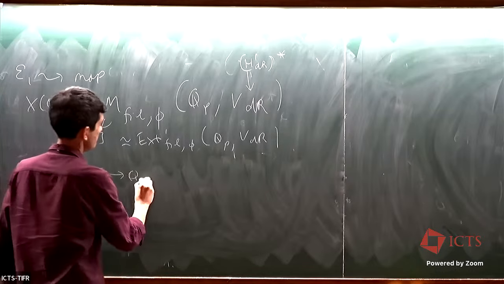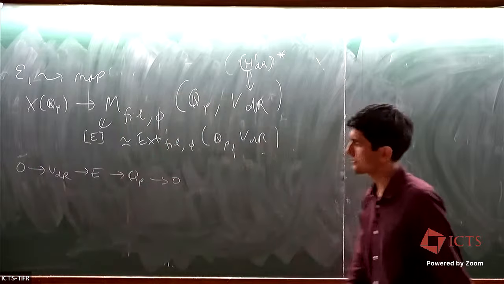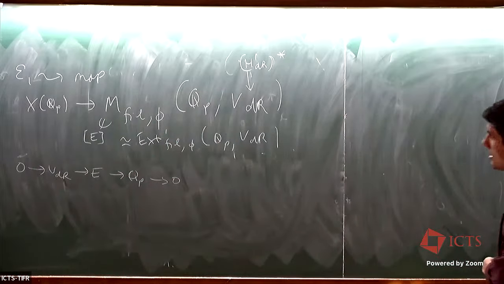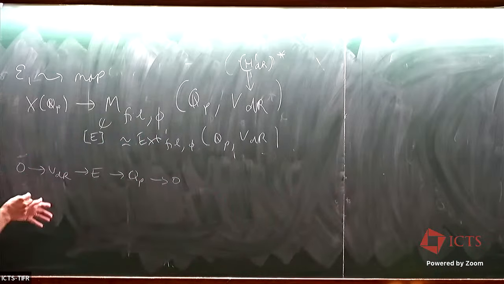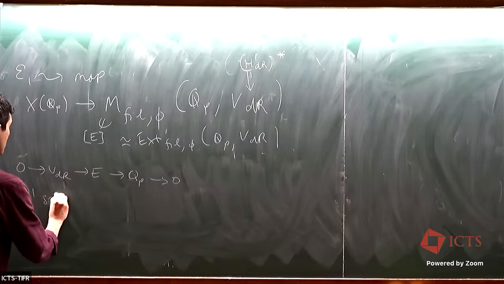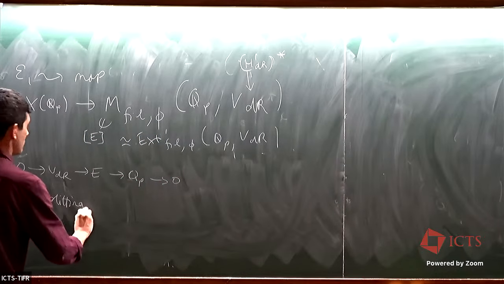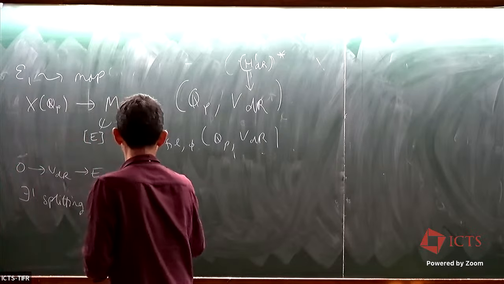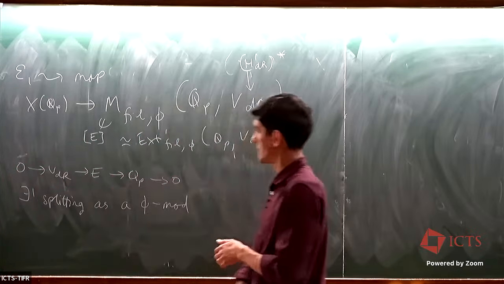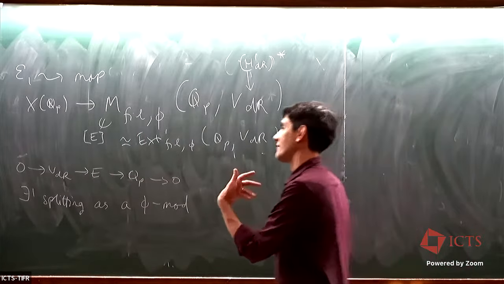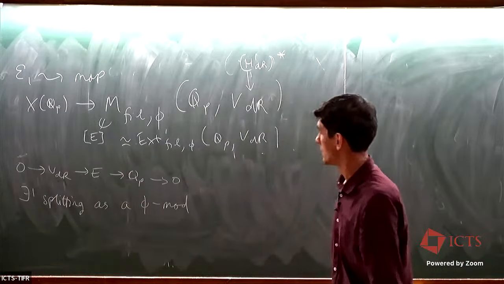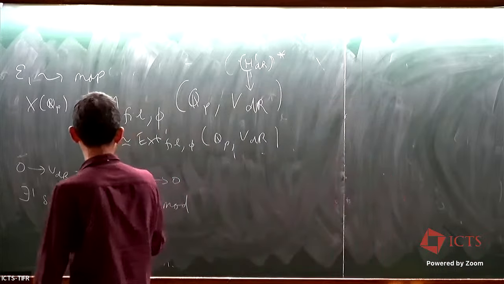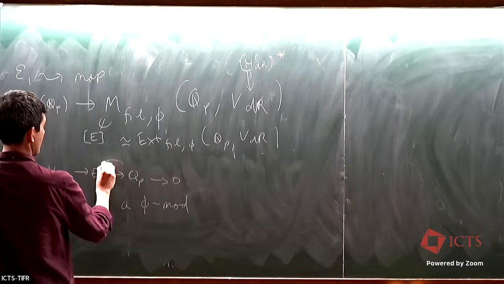It turns out there's a unique splitting of this extension as a phi module. That's again related to the fact that the eigenvalues of Frobenius on this are not equal to 1. So we could call that splitting S phi.